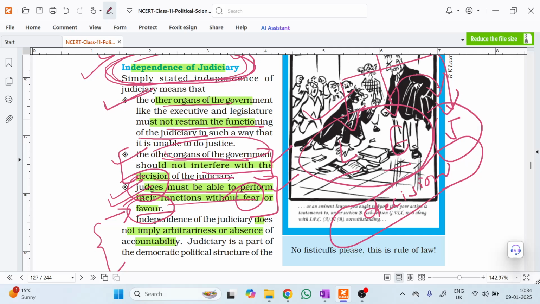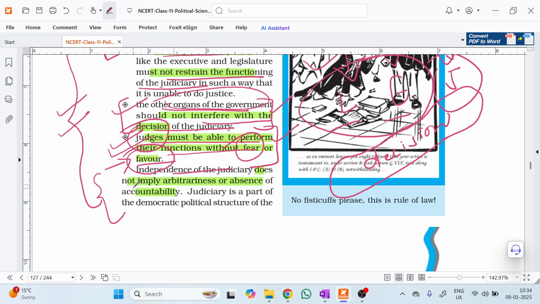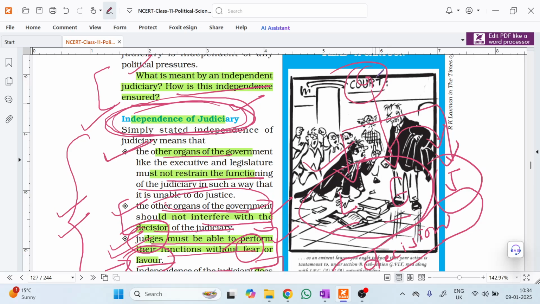It is just an aspect that, according to constitution, is there and should be there to protect the rights of individuals and to resolve disputes according to a principle of rule of law. So here, independence does not imply arbitrariness or the absence of accountability. Judges are also part of government, and government, all in all, is accountable to people.